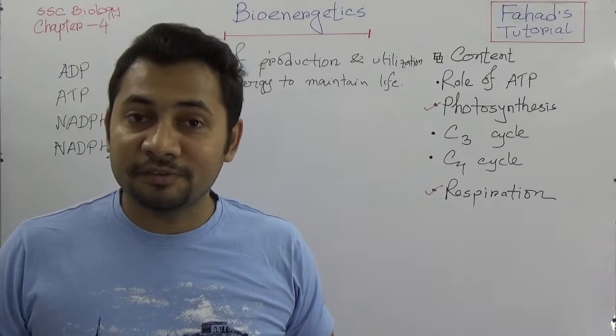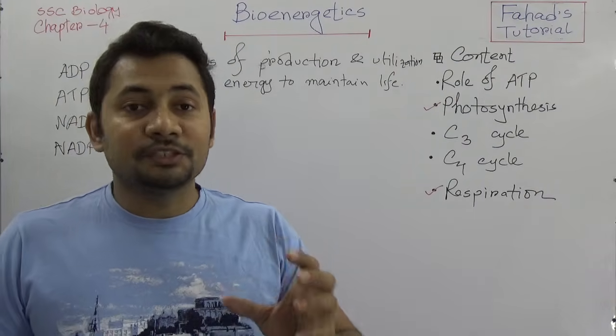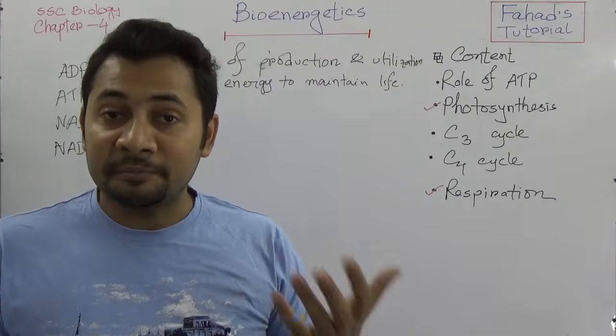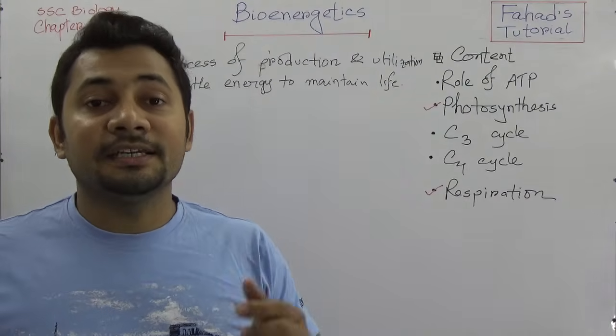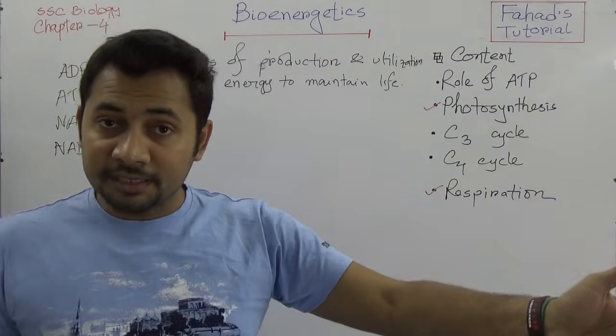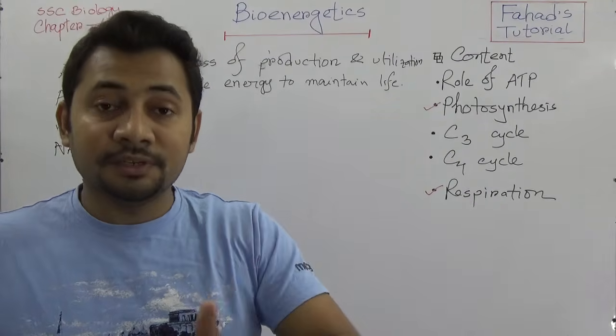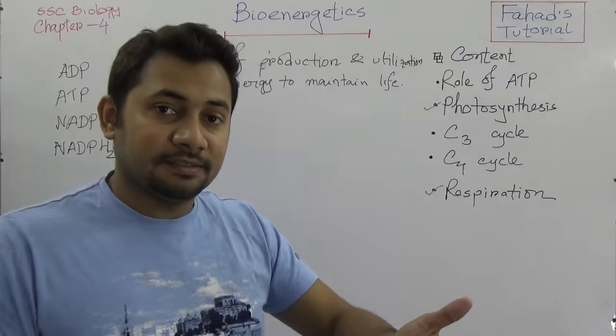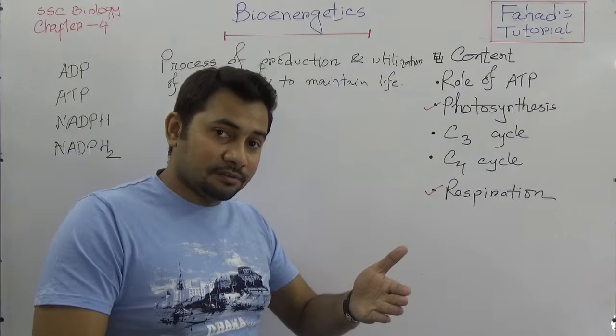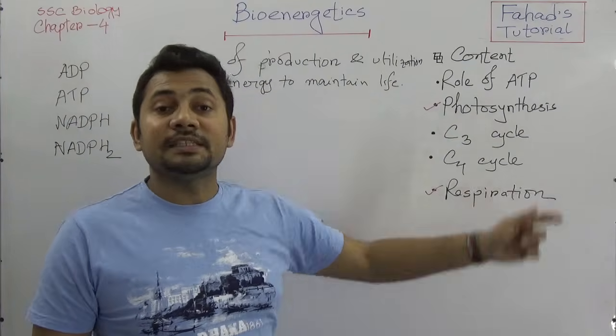We don't have chlorophyll inside our cells, so we don't have the capability to utilize sunlight to produce food. But green leaves have the capability to transform solar energy to chemical energy and produce glucose, and that is called photosynthesis.